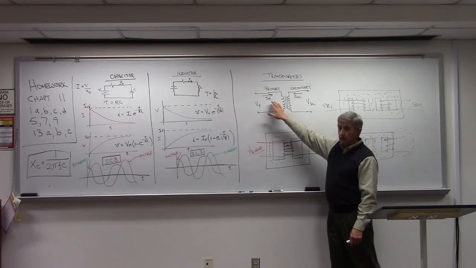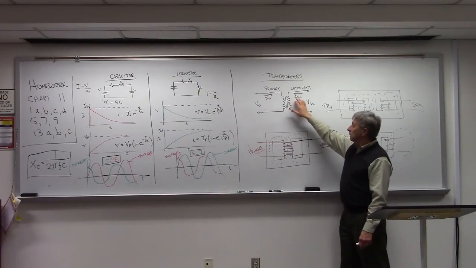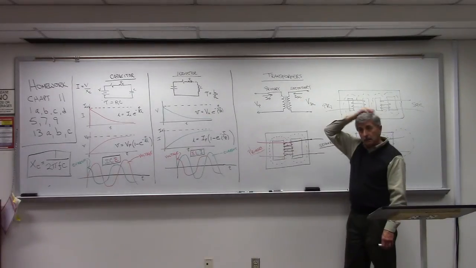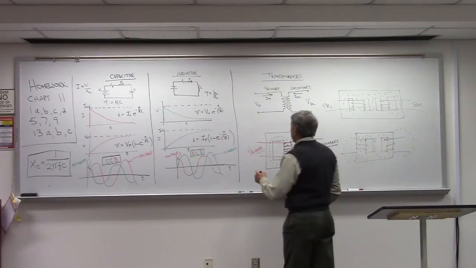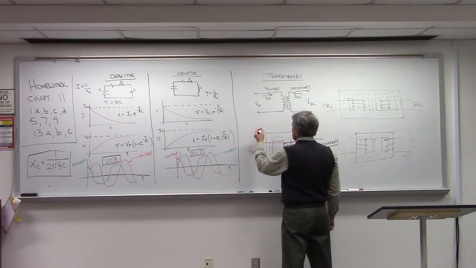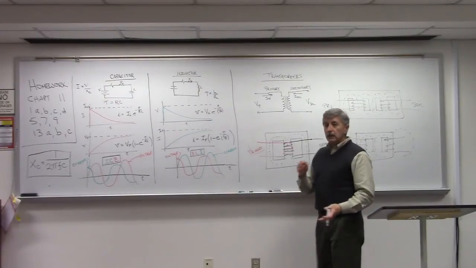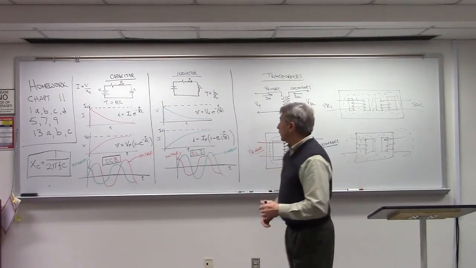If you have 10 turns here and 1,000 turns here, you feed this with 10 volts, it's a 100-to-1 ratio, you're going to get 1,000 volts out, okay? It just depends on the turns ratio. So the turns ratio determines the relationship between voltage and current in the primary and the secondary.